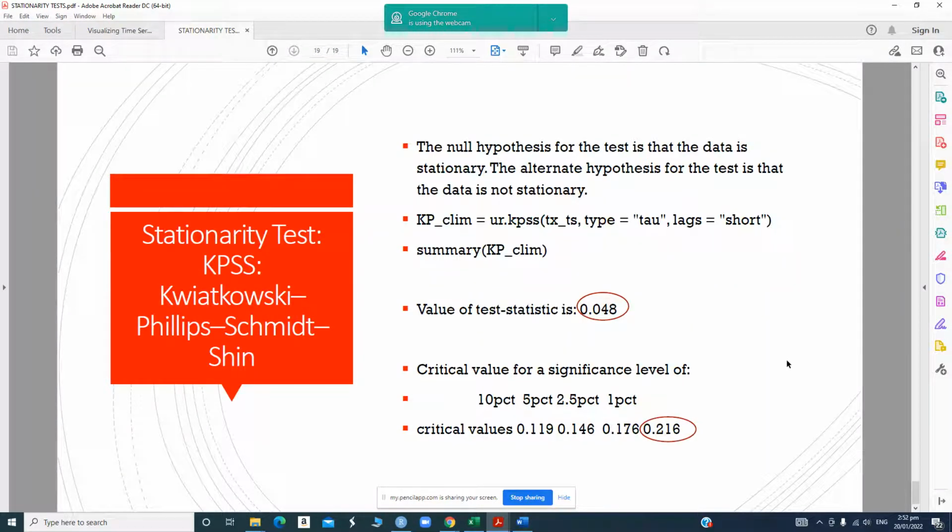Then the last one is Kwiatkowski, Phillips, Schmidt, Shin, KPSS. This is a bit different because in this you reverse the way the hypothesis is stated. In this case, the null hypothesis is a test for stationarity, unlike the other ones, which test for non-stationarity as the null.